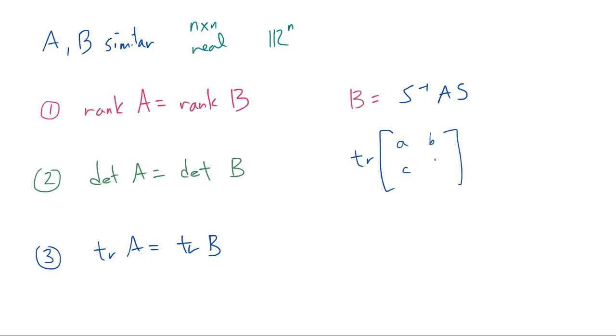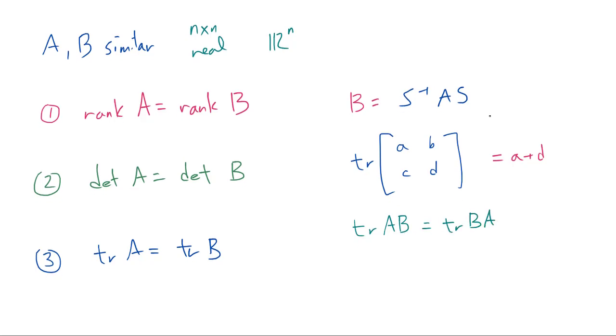So for example, trace of [A, B; C, D], we are just going to add up the entries in the diagonal. So trace of [A, B; C, D] is just going to be A plus D. To see why this is true, one way of seeing this is to just show that trace of, say, any A times B, where A and B are n by n matrices, is going to equal trace of B times A. And this property is something I encourage you to show if you're interested.